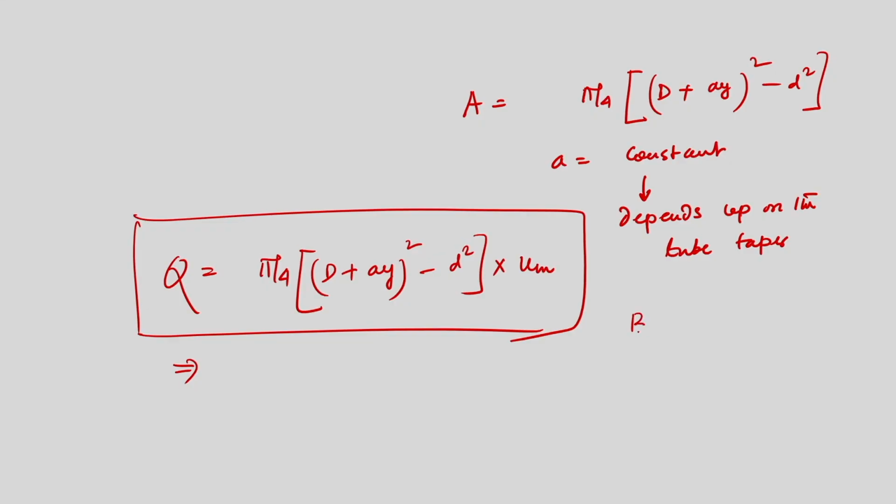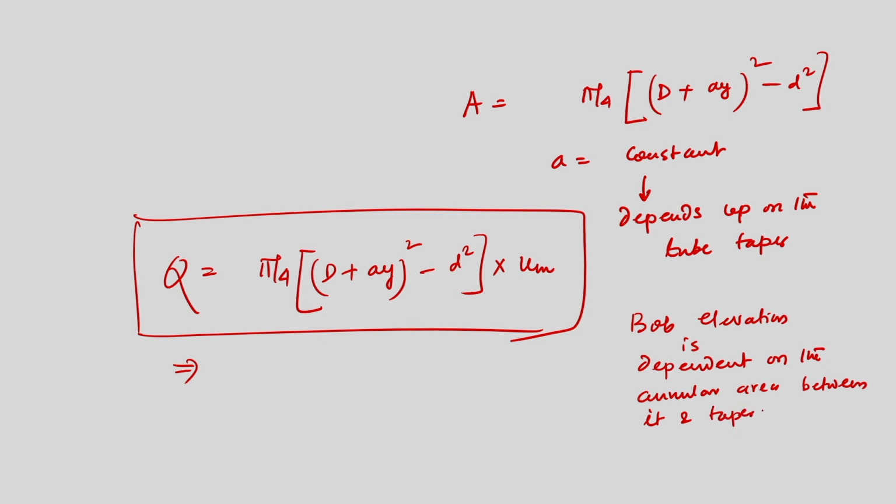Now here I can tell that the bob elevation is dependent on the annular area between it and the tapered tube.